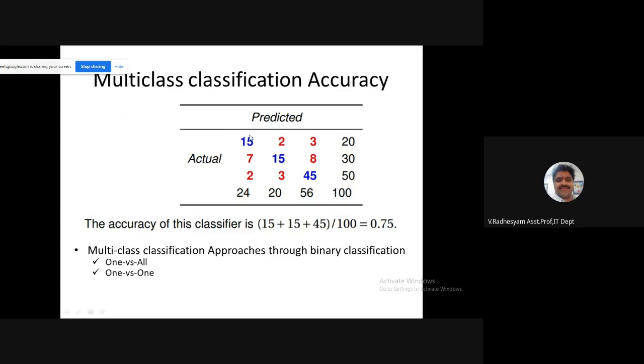What does it mean? The diagonal numbers should be larger, which implies good classification accuracy. Diagonal means what? A mango identified as a mango 15 times. Here you see 1, 2, 3.